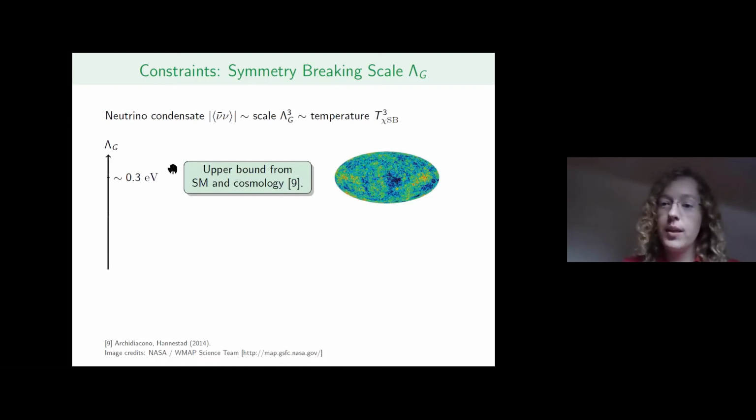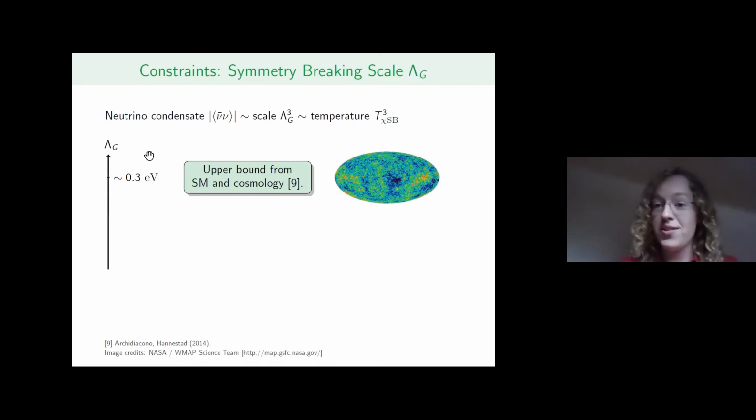From cosmology, we have even more precise constraints. The constraint here is that the scale has to be smaller than 0.3 electron volt, because this is the temperature of the universe when photon decoupling happened, so the formation of the CMB. And we know that in the neutrino sector, in the early universe, we have to have neutrino free streaming, so no interactions in the neutrino sector.